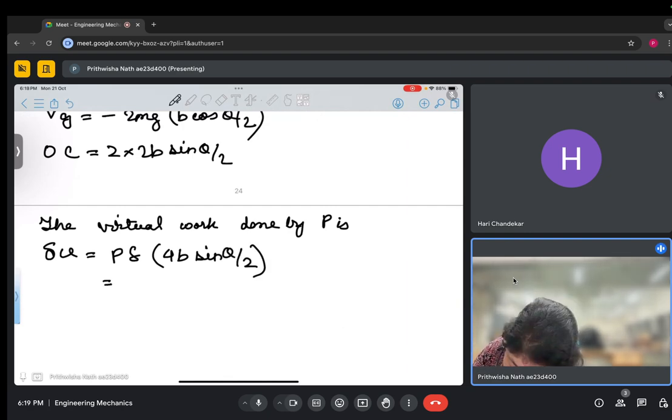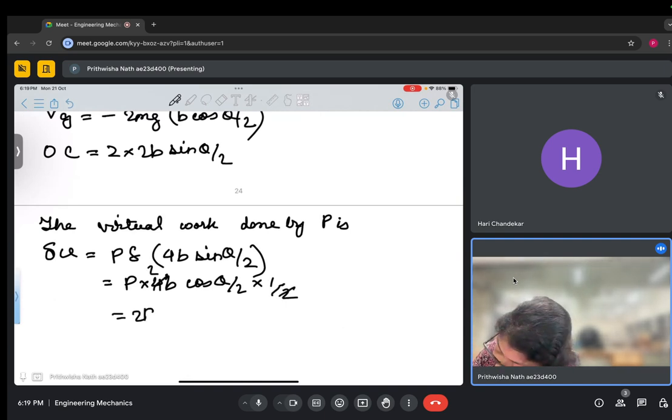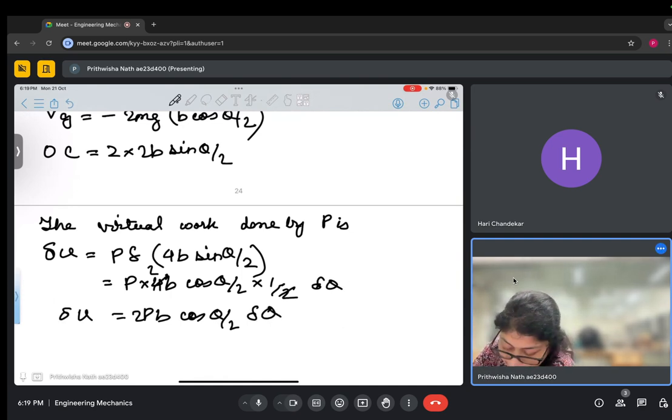This can be written as P into 4b cos theta by 2 into half, so this cancels, so 2Pb cos of theta by 2 delta theta. So this is the virtual work done.